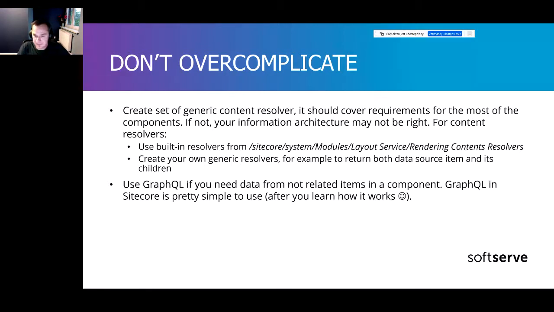For a few of the components, like our navigation and our footer, where it was required to get data from multiple places which are not structured in Sitecore, like you don't have this parent-child relationship, it's quite hard in a content resolver to get items which are not structured.